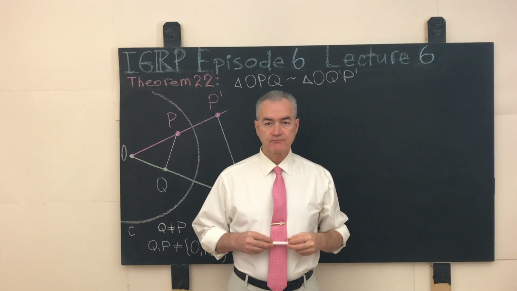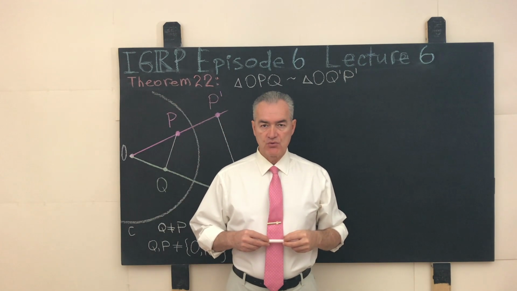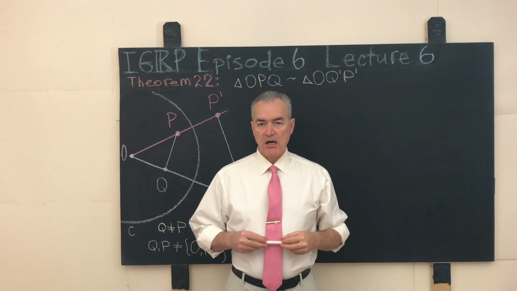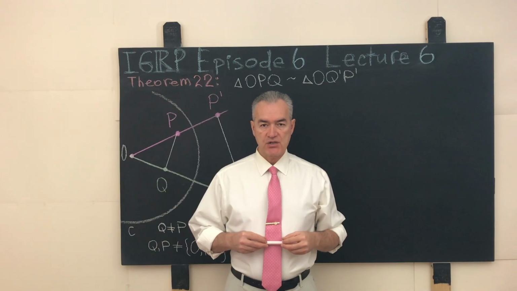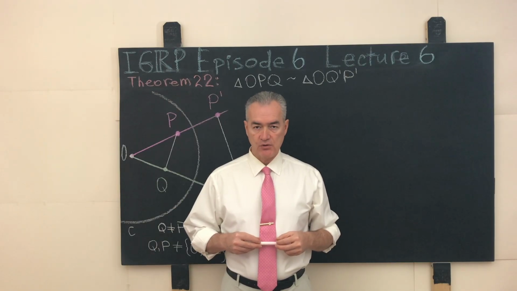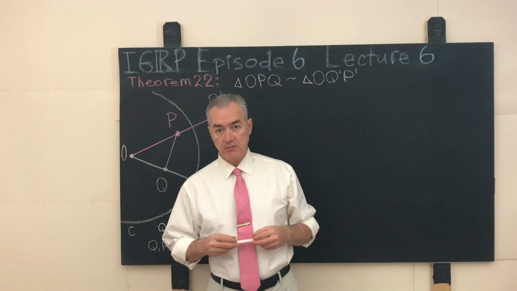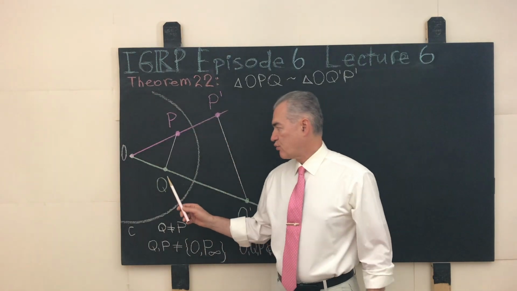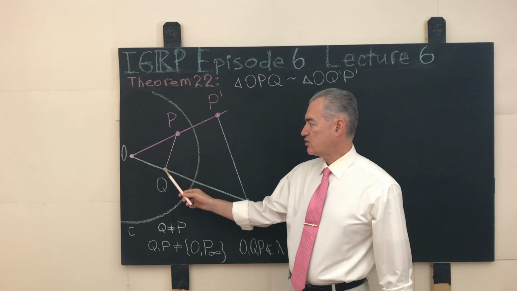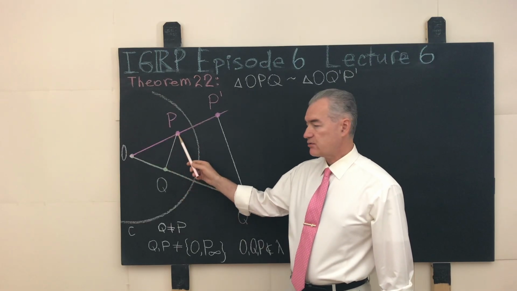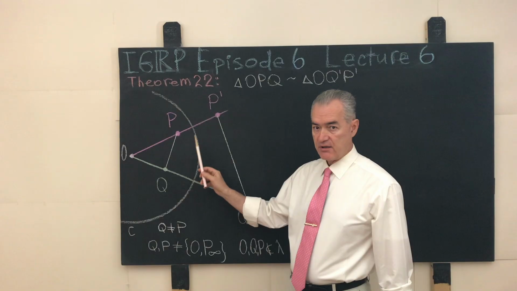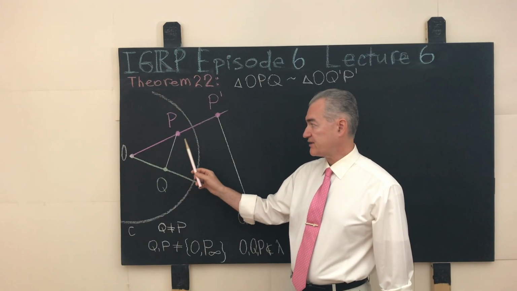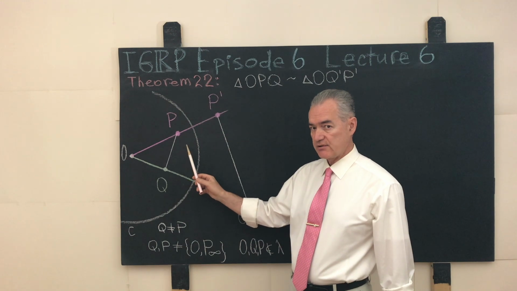In order to help you generate a proof of this theorem on your own, I've put together an animation using the free software called GeoGebra, and in that animation that you're about to see, I let the pre-image points P and Q run about a little bit in the parent plane, then I stop them, then I let them run some more, then I stop them again, and I do that several times.